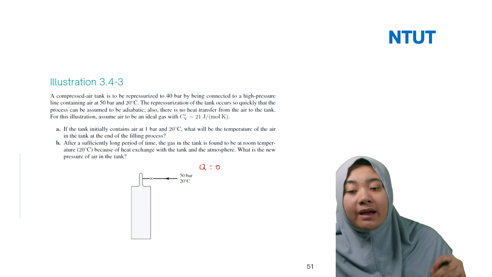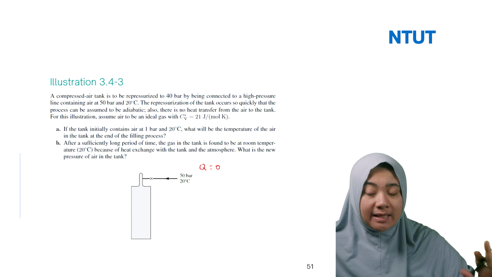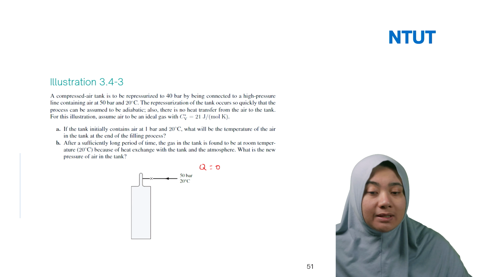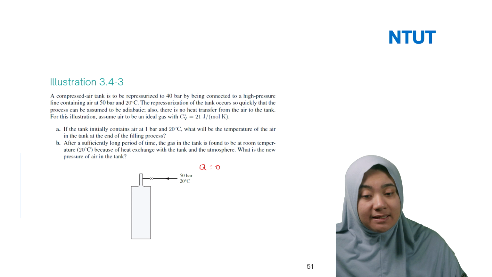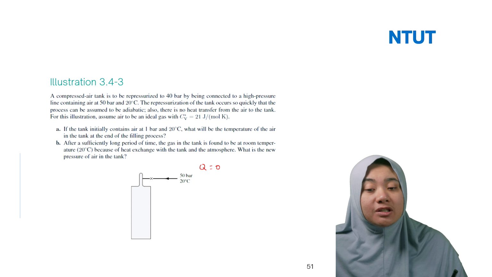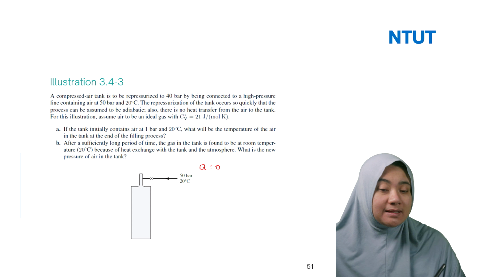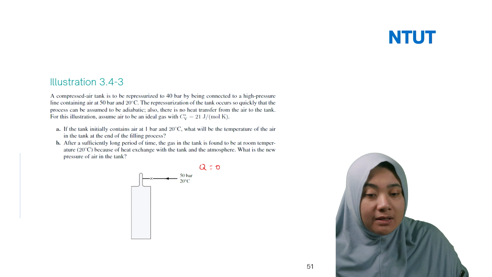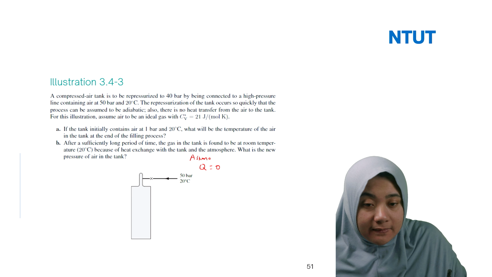And then in the second case, after filling over such a long period, the room temperature is 20 degrees C. Because we have heat exchange between the cylinder and the atmosphere, what is the pressure of the air in the tank? So in this case, after the sketch, you need to make assumptions. So what can we assume? Of course, Q equal to 0, as the problem says no heat loss.